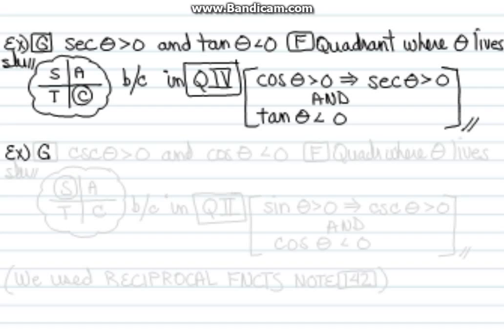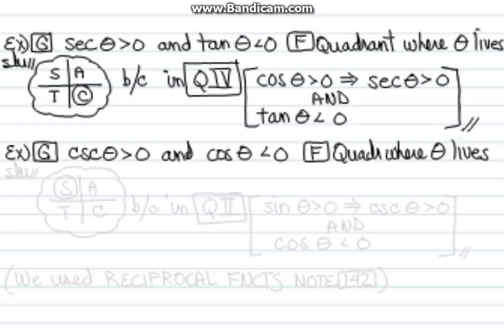Let's do it again. Given that the cosecant of theta is greater than 0, it's positive, and the cosine of theta is less than 0, it's negative, find the quadrant where theta lives. So again, we're going to draw our quadrants and label them All Students Take Calculus in a counterclockwise direction. Now think.